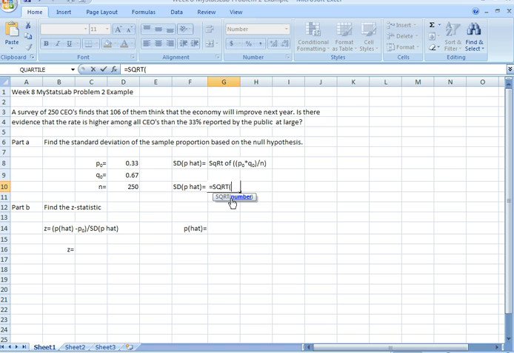And inside we're going to add an extra set of parentheses so that we get our top numbers multiplied. So P0 times Q0. Let's close our parentheses there, divided by N. Finish closing, hit enter, and there we have it.